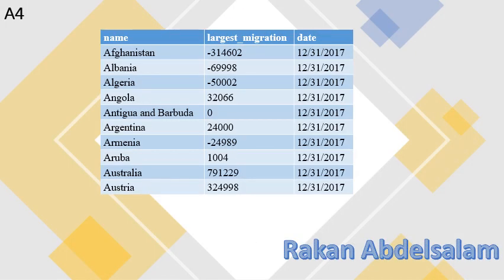In A4, what is the net migration of every country in the last 17 years, displaying the changes of every year? After executing the code, we have a table that includes a column of names, largest migration by number, and the date of changes. We found out that in the last 17 years, Afghanistan took the lead for the highest number of losing population due to migration.